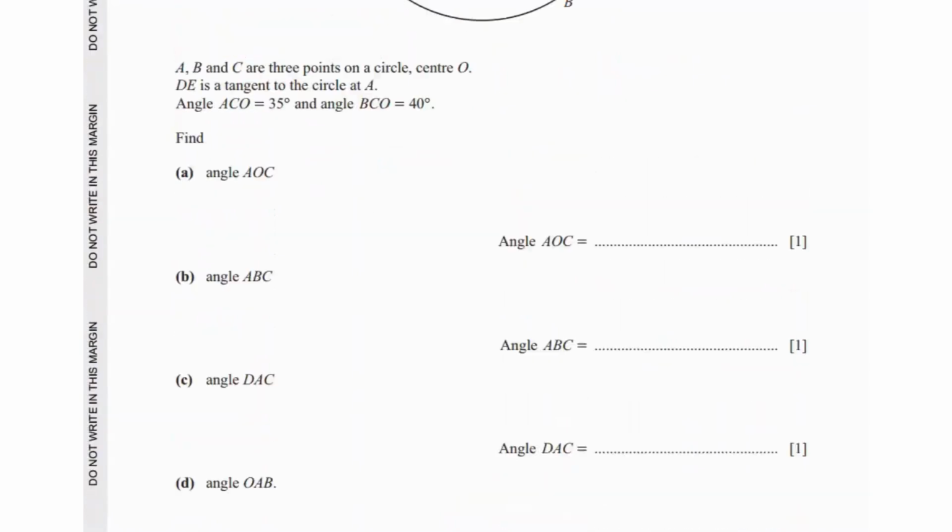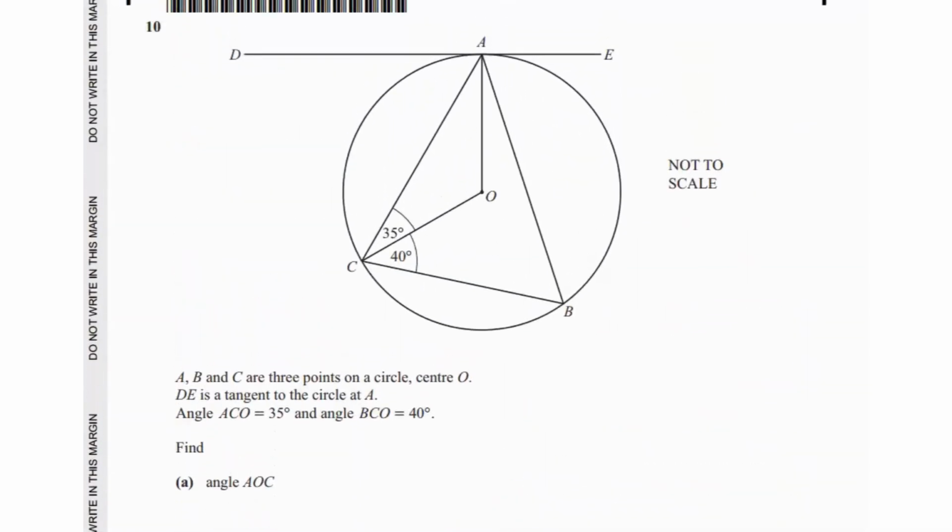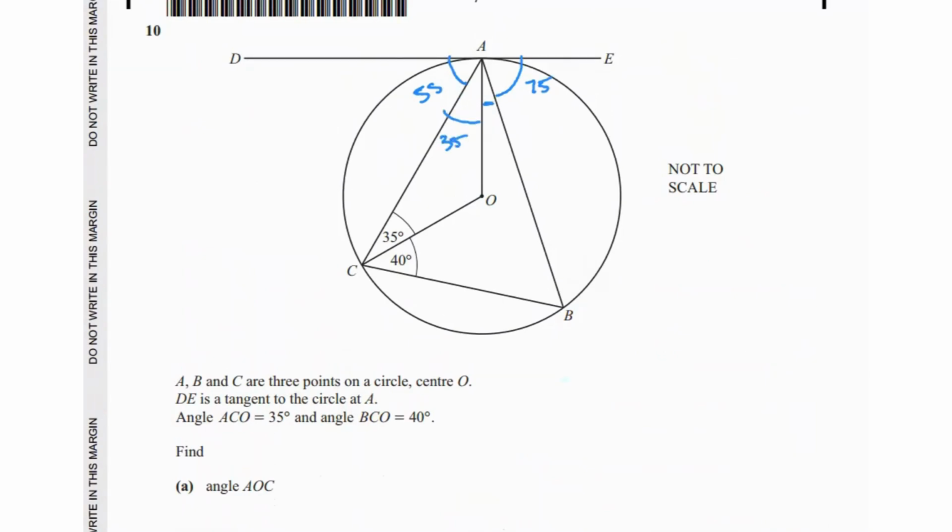Then angle OAB. OAB, this one. So we just concluded that this was 55. This was 75, because 35 plus 40 is 75. We know this is 35. To find this angle over here, OAB, we can subtract 55, 35, and 75 from 180.